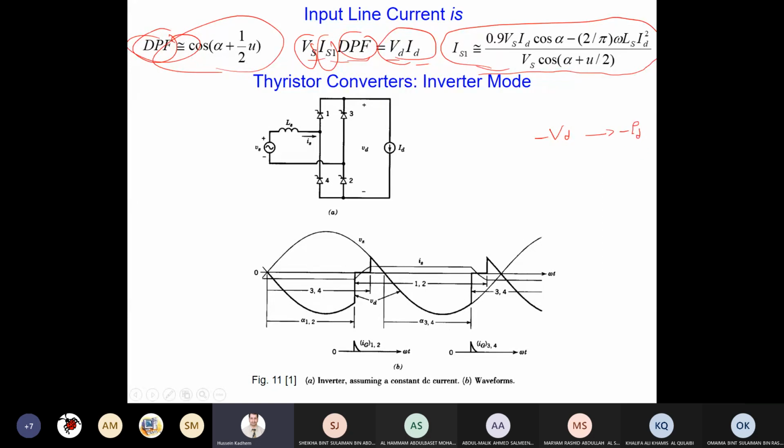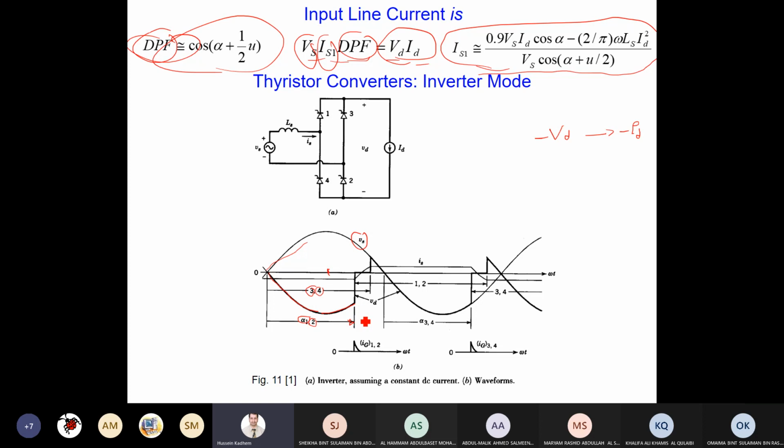Now let's assume this is the input, VS. Let's assume the current is conducted by thyristors T3 and T4 from the previous cycle. It goes negative, still conducting. You see alpha 1 and alpha 2, the firing angle, increased. It becomes greater than 90. This is 90. We are going to trigger at this point.